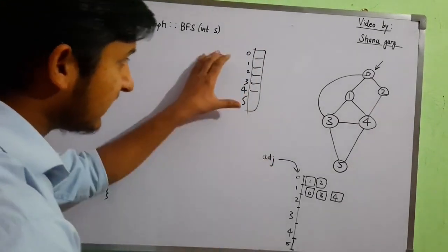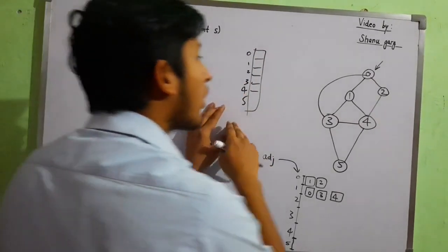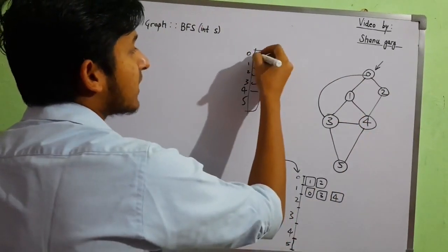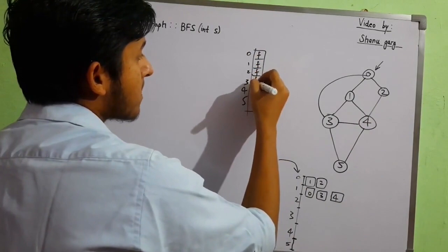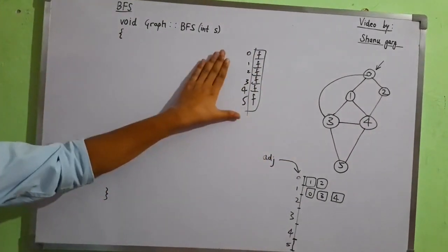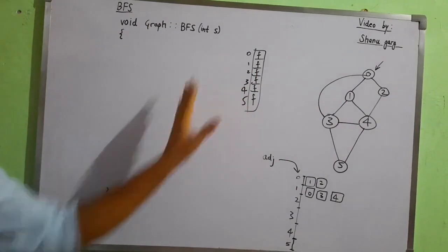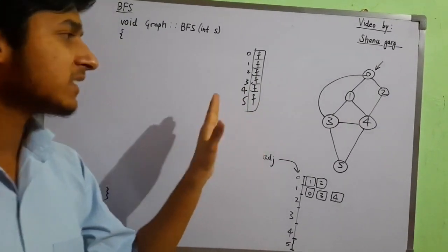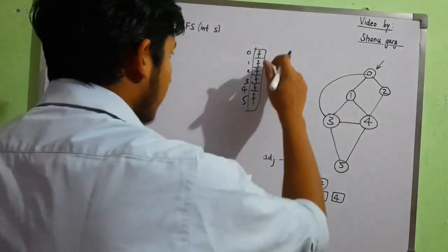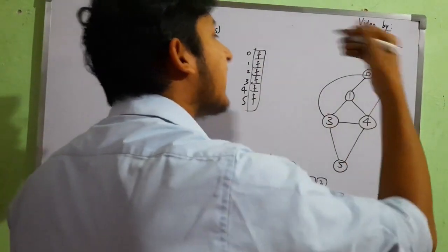These addresses correspond to these nodes, and all these are initialized with false. Because all these are initialized with false, it will become true as we visit any node.